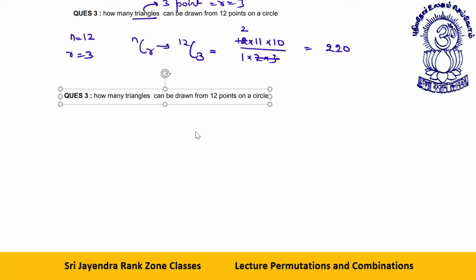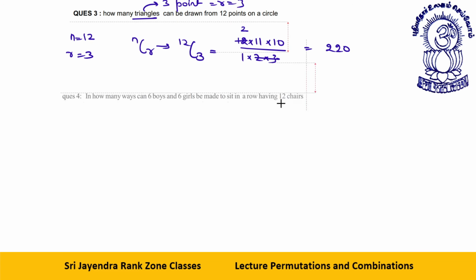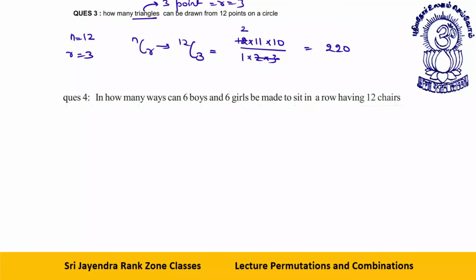Now let's take few more conceptual questions which you will be able to solve directly. The question is, in how many ways can six boys and six girls be made to sit in a row having 12 chairs? See, there are no limitations, no constraints. What we are told: number of people, 12.